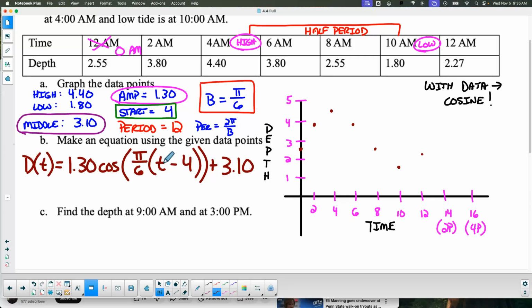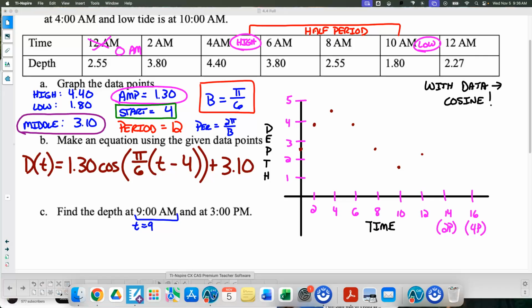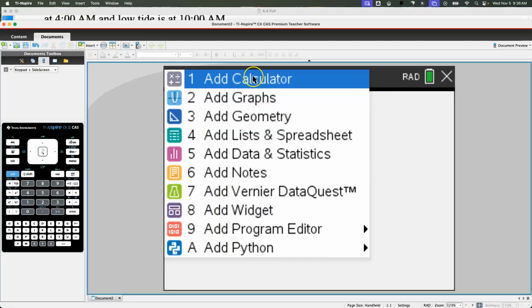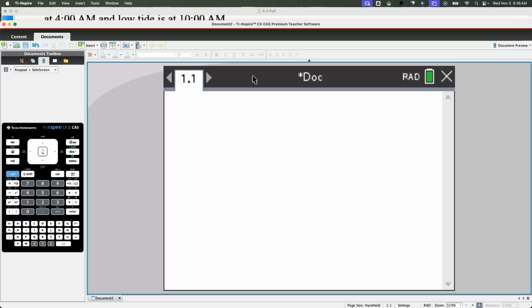Okay, so I'm going to plug t equals 9 into my calculator. Now, here's the kicker. Because we are using 2 pi over b to find our b value, your calculator needs to be in radians. If you're using your own calculator, you need to be in radians.